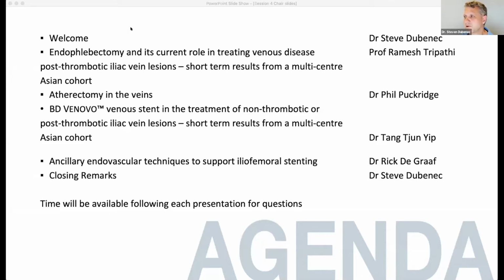Then we'll move on to Dr. Tang from Singapore, who will be discussing his results of an Asian cohort for his post-thrombotic and non-thrombotic iliac vein stenting. And then we have our prestigious Rick De Graaf, who is going to be discussing ancillary endovascular techniques to support iliofemoral stenting.